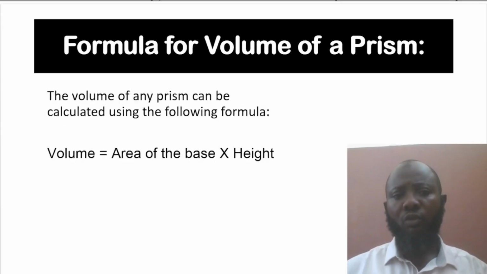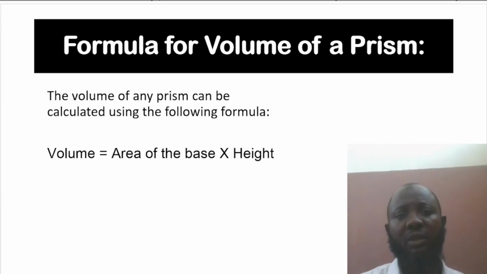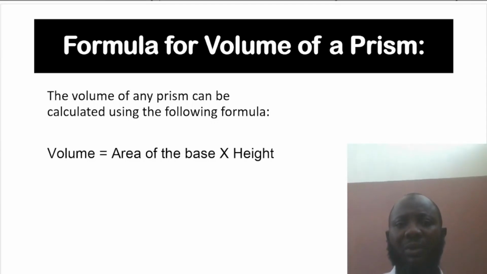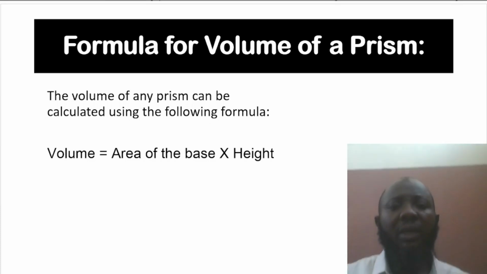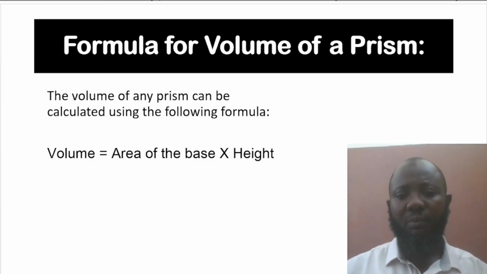Formula for volume. When you want to calculate the volume of any prism, it can be calculated using the following formula. Volume is the area of the base of that prism multiplied by the height, as simple as that.